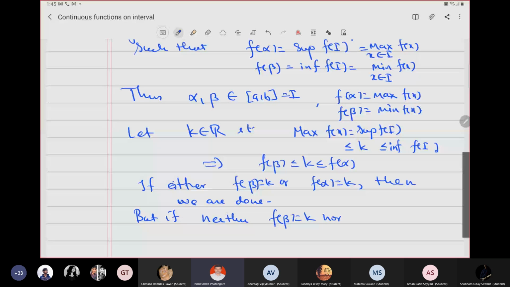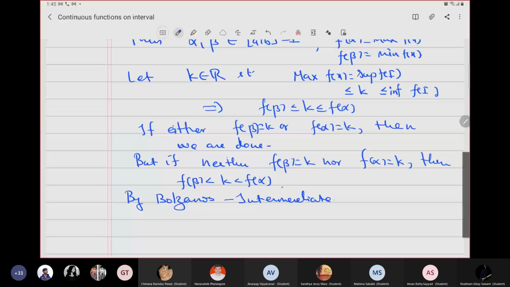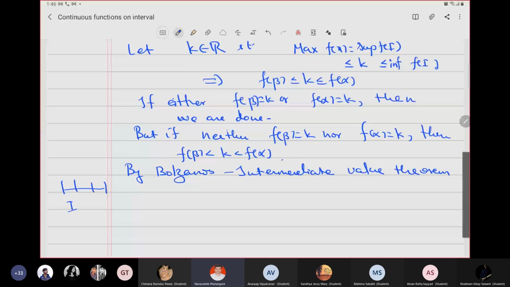But by Bolzano's intermediate value theorem, what can we say? K lies in between f of beta and f of alpha, and beta and alpha are two members of domain. What that theorem says is that if your function is continuous on any interval I, and a and b are 2 points in the interval, and k lies in between f of a and f of b, then it has a pre-image, right?